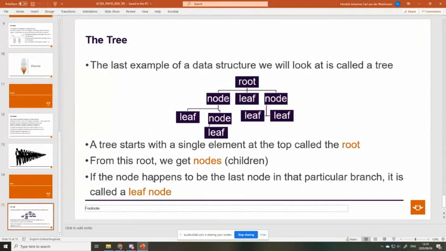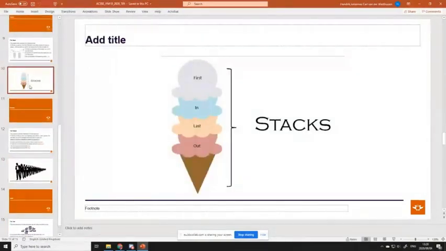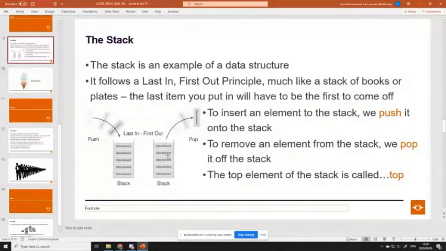But yeah, that is the three main data structures I wanted to introduce you today, just to show you that there are more concepts out there. But the one thing you need to know is that each one of these nodes is a representation of information. Same with a stack.